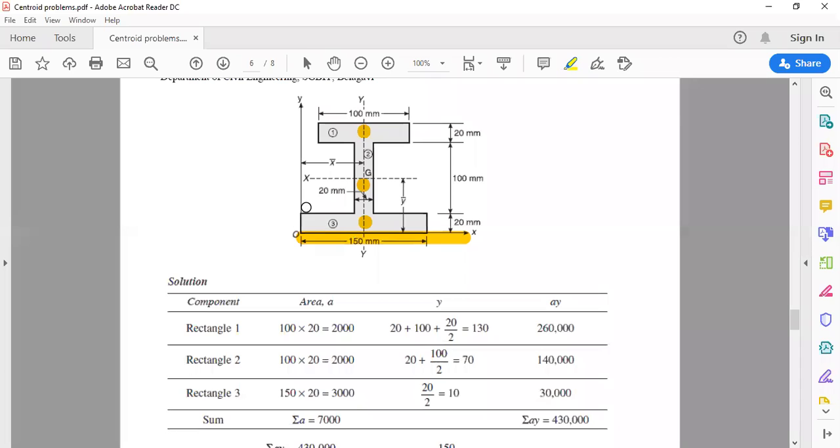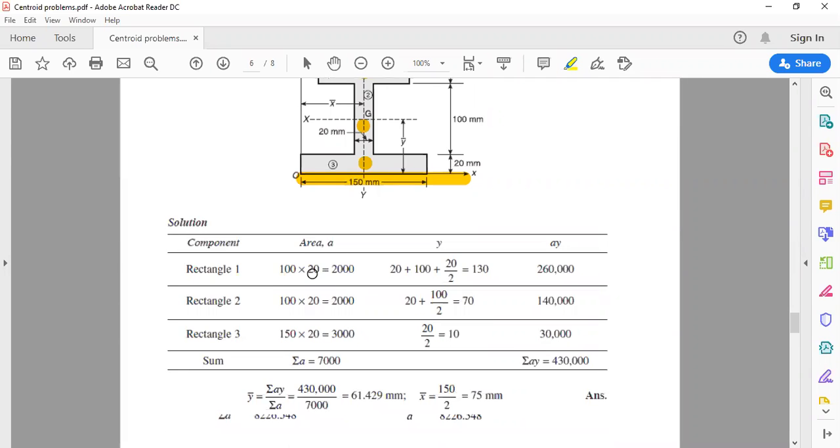Similarly, I'll come down to the third rectangle now. In the third rectangle, the area is 150 into 20. And y bar in this case is the distance between the centroid and the reference axis, which is half of the depth, that is 20 mm, which is 20 divided by 2, that is 10. So once I get A1 and Y1, I will calculate A1 Y1, A2 Y2, A3 Y3.